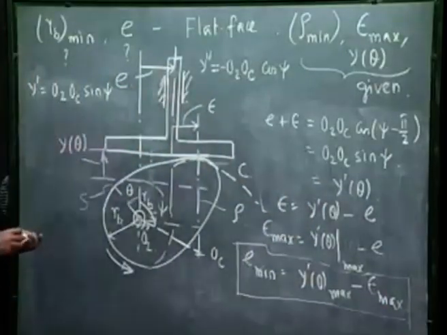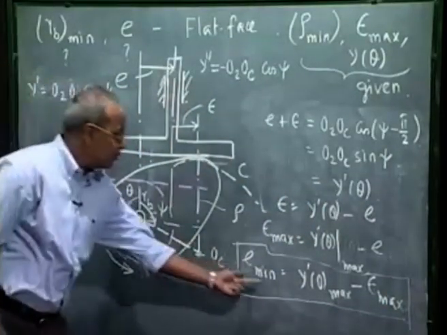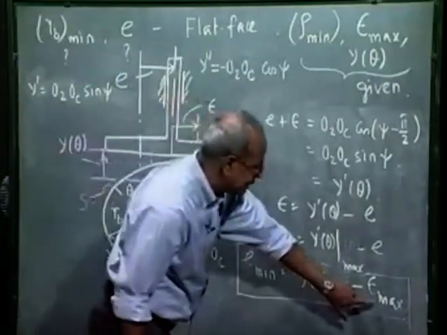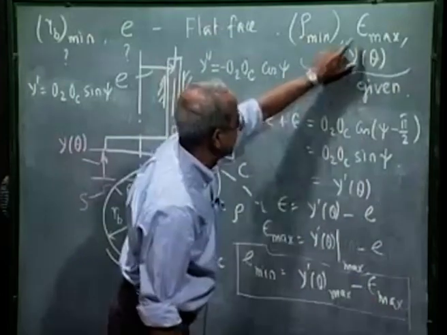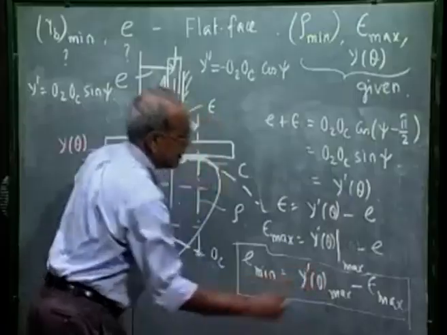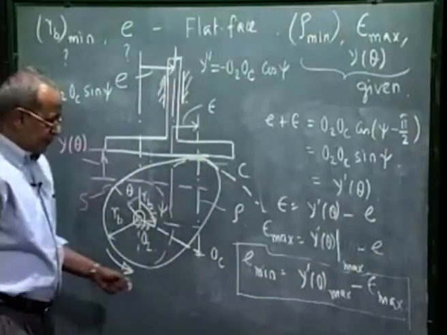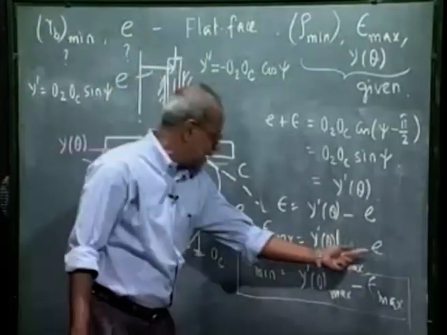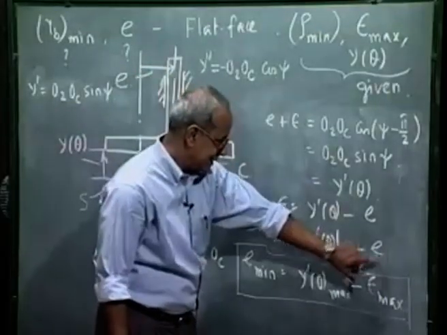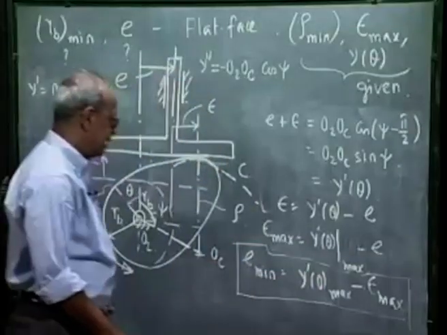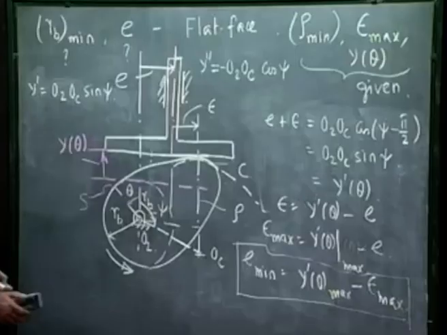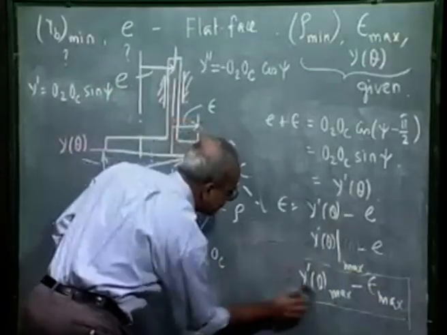This equation determines the minimum value of the offset that has to be used, so that epsilon never goes beyond this epsilon max, which is prescribed. We have to only see what is the maximum value of y prime theta. As you see, if any lower value of offset is used, then epsilon max will be more, because this is minus E. So this is the minimum value of offset. So we have got both the relations, minimum value of RB and minimum value of the offset.